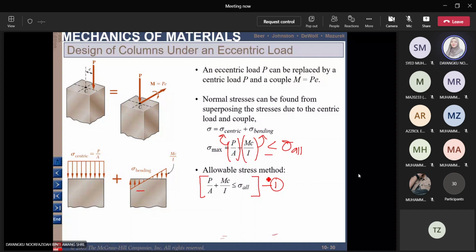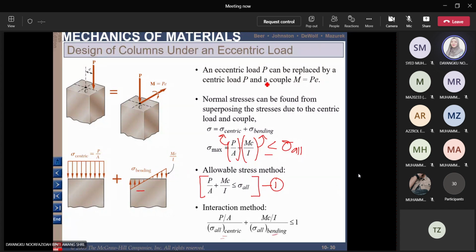For the first one, we usually have one general allowable stress, referring to the centric stresses.